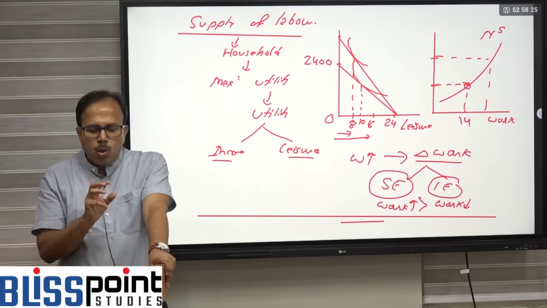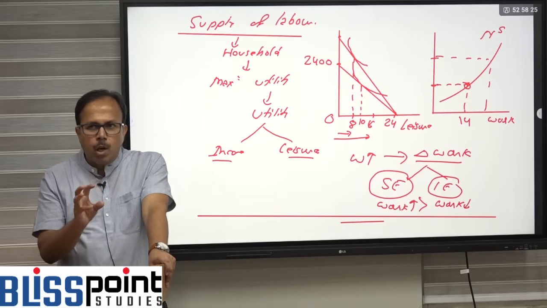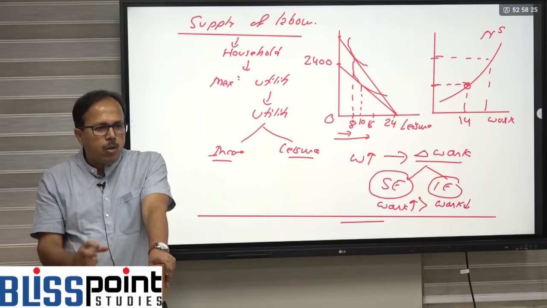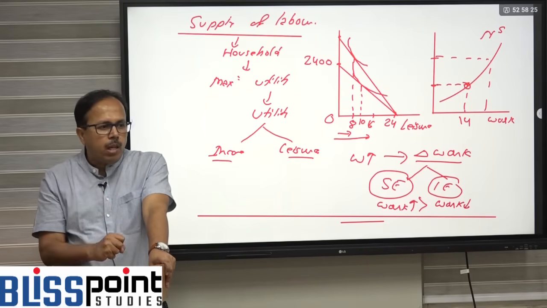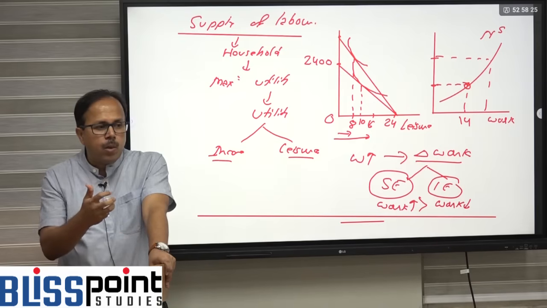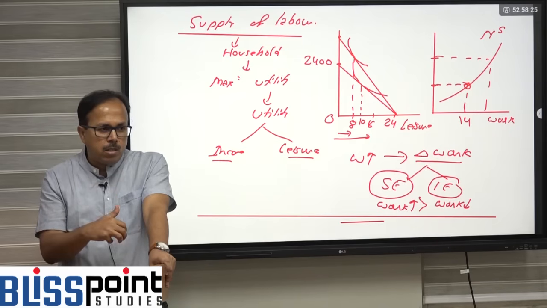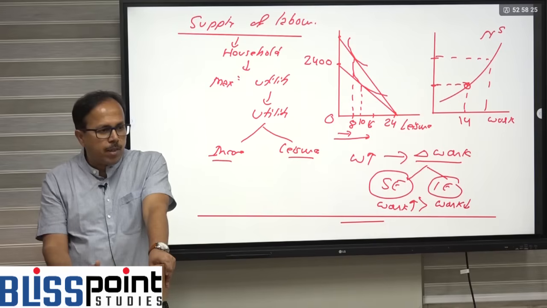So out of leisure and work, what is normal and what is inferior? Work is considered as inferior. So as income increases, work will decrease. So work is decreasing because of the income effect.